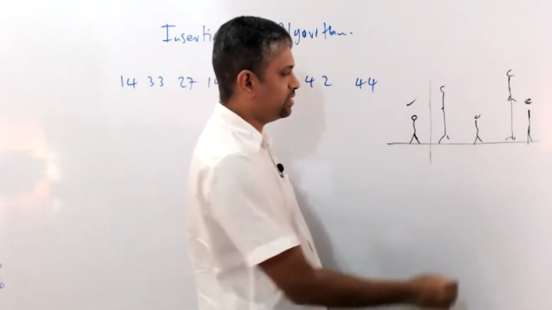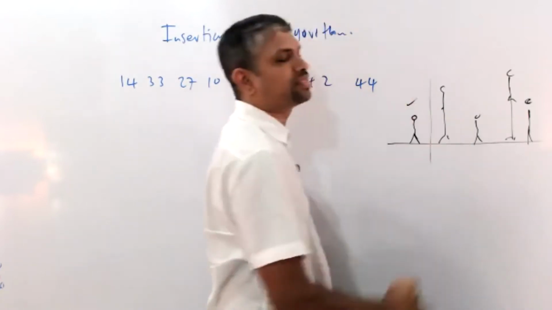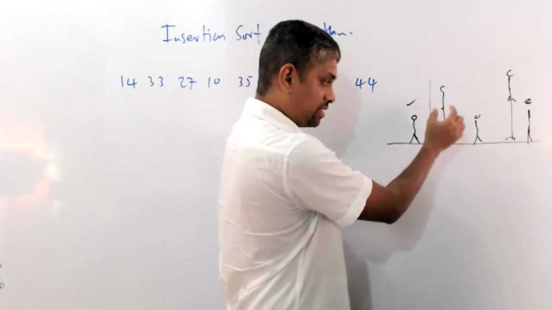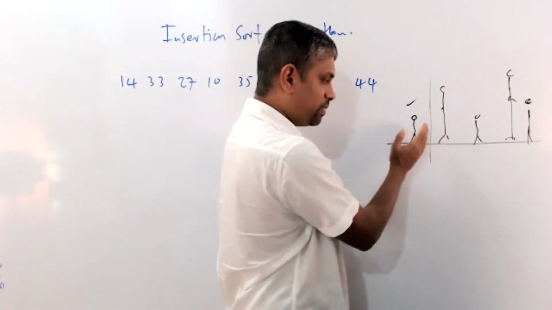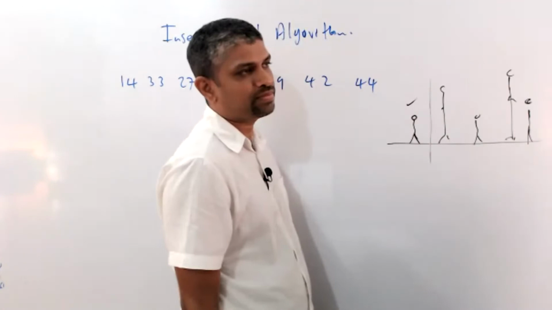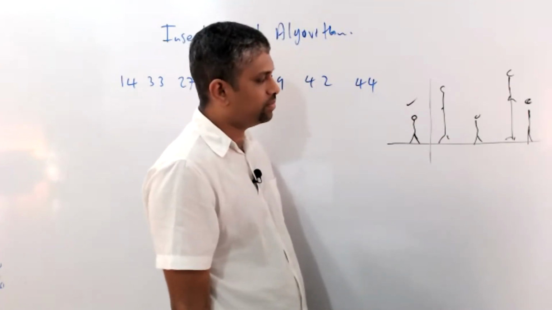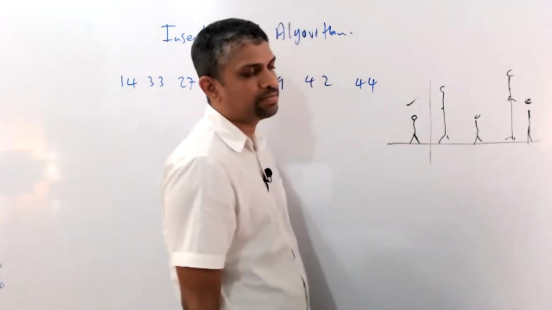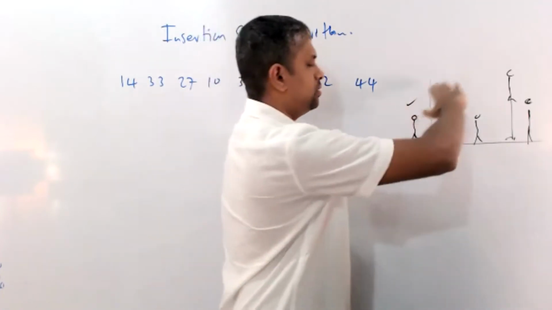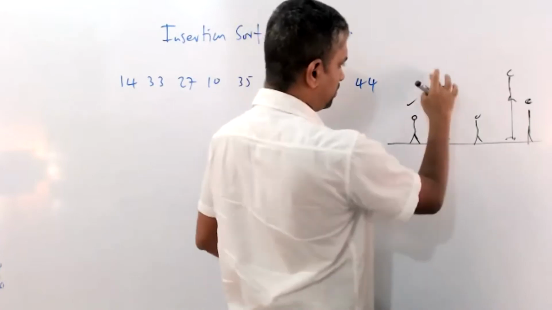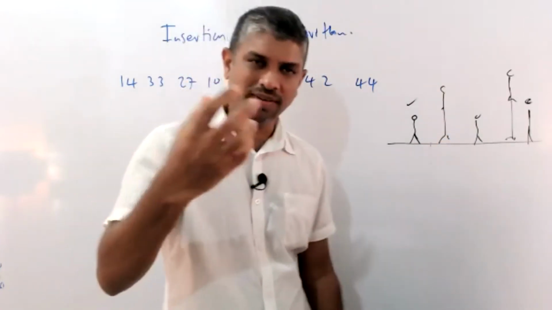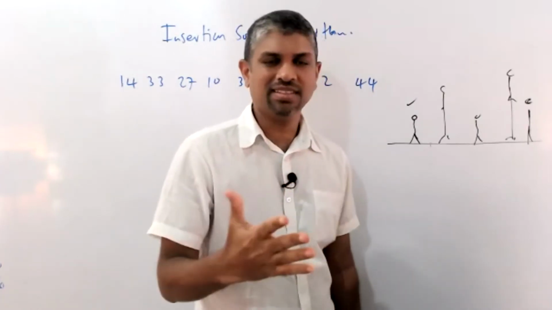Then what happens is we look at the second person, and the second person is compared with the first person. When we compare the second person with the first person, they are all right. That means up to this level, with only one person, there is nothing to do.